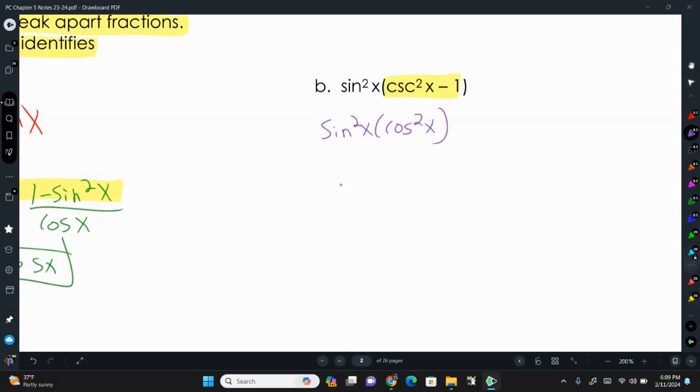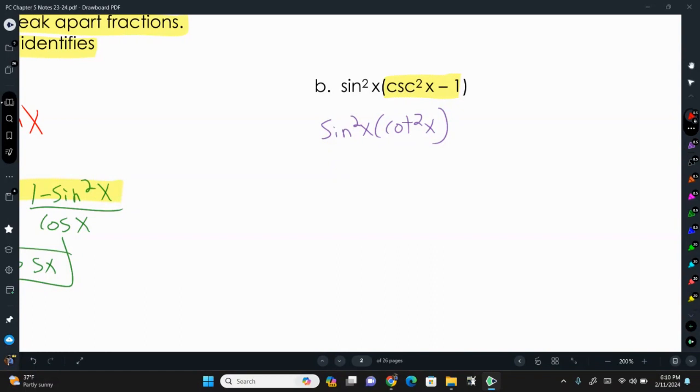Now you might say, well, why didn't I change sine into something with cosine in it? The reason why I didn't do that is because that would give us another 1 to deal with. By changing cosecant squared x minus 1 into cotangent squared x, that gets rid of that minus 1, which can make things more difficult if we have that there still.